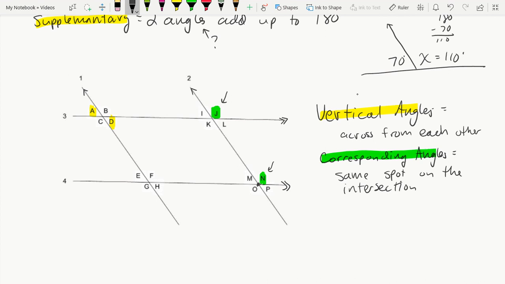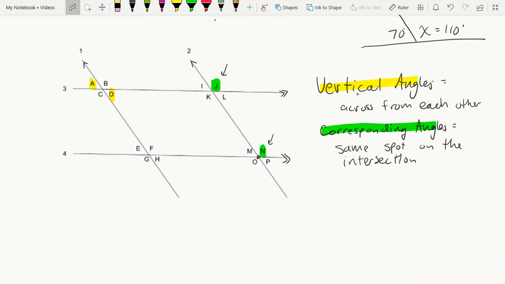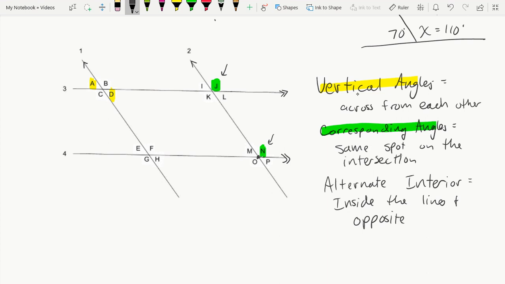Okay. Now we are also going to have, this one's a little bit more confusing, alternate interior angles. Now those mean inside the lines and opposite. Okay, so what's that going to mean? Let's pick a pink highlighter here. So let's talk about L. Well, L can be an alternate interior because it's inside the lines.